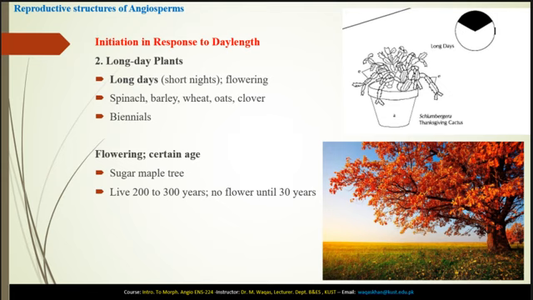Depending on the species, some trees do not flower until 5 or even 40 years of age. For example, we have a very good example of the sugar maple tree. It may not flower until it reaches 30 years old. As you can see, this is the maple tree, and the age of these plants ranges from 200 to 300 years.